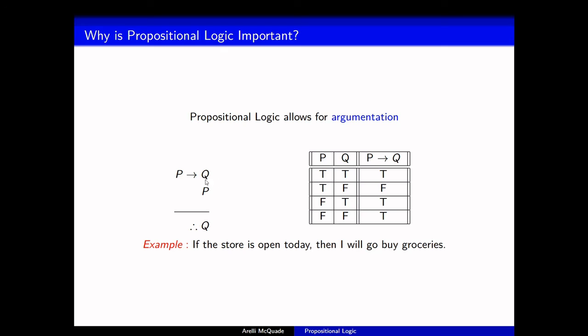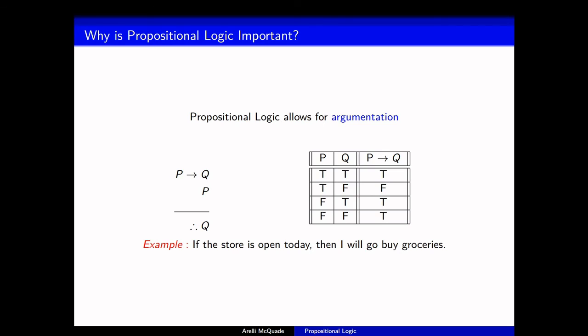We also know that P is true, which is only the first row and the second row. The only time in which both of these are true is in the first row. And it just so happens that Q is true. So we can conclude that Q must be true if we have if P, then Q, and P.